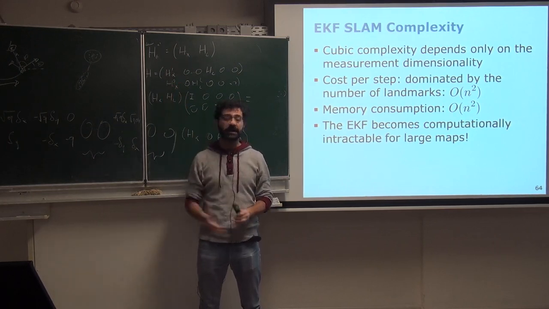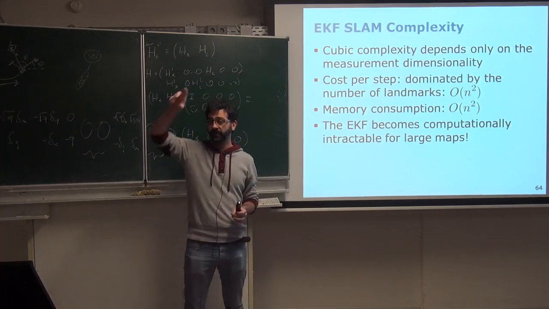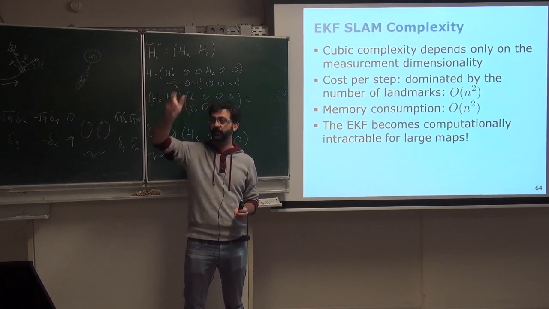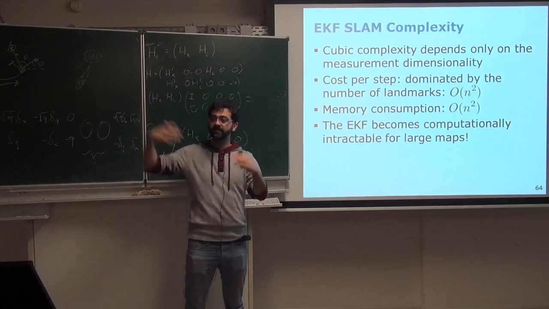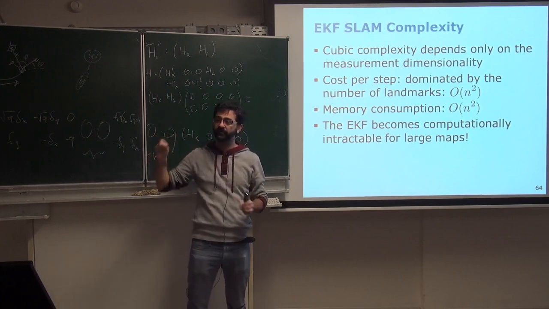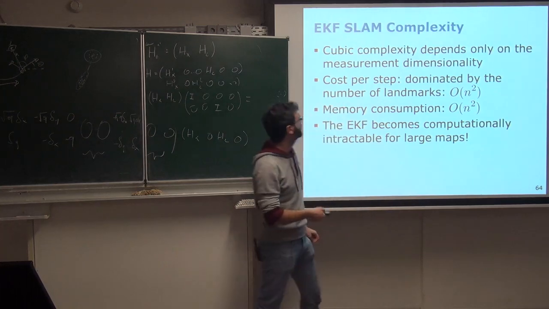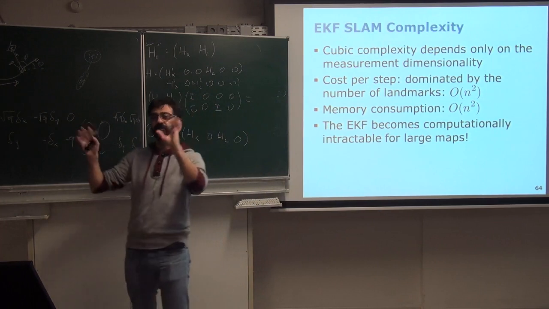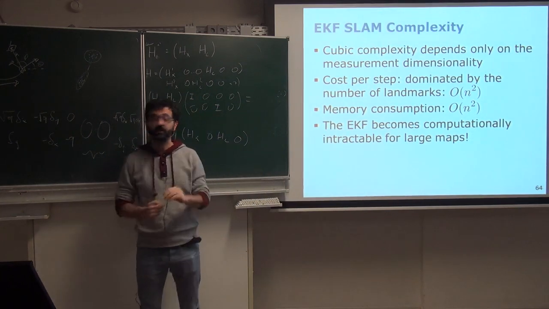This covariance matrix has a size of twice the number of landmarks, because it's x and y for each landmark, plus a constant factor for the robot pose. Since it's a matrix, it is squared, because you need to compute all possible values. So you get n squared complexity and also n squared memory consumption, because you need to memorize the whole matrix and multiply each of these values every time.